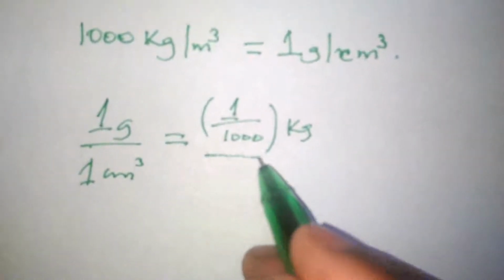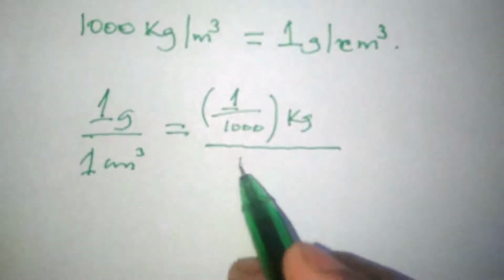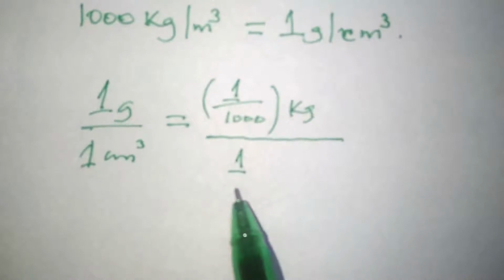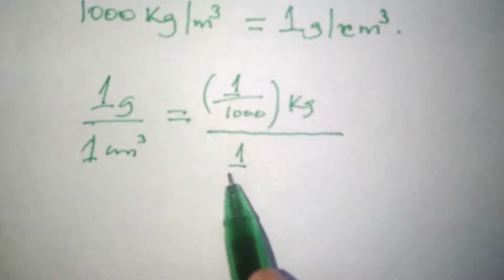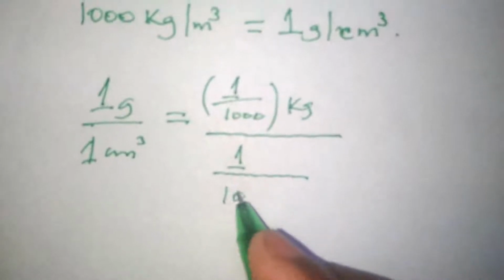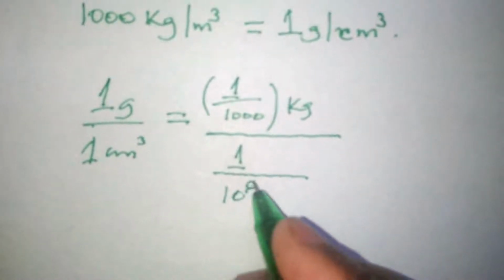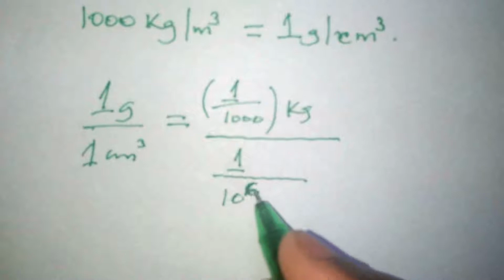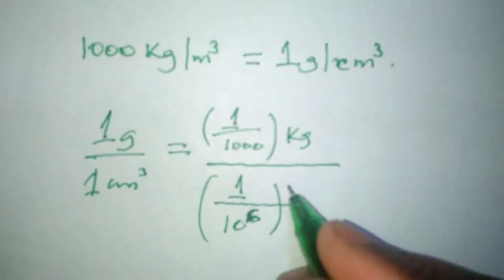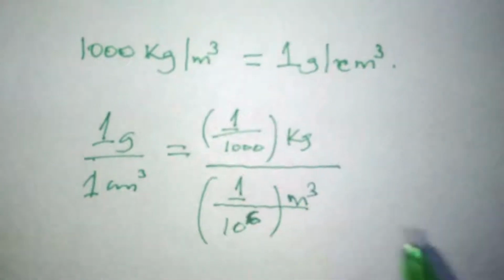If you go to the denominator, 1 centimeters cube, if you want to convert it to meters cube, you divide it by 10 raised to power 6. Actually, you divide it by 1,000,000, and that will convert all this to meters cube.